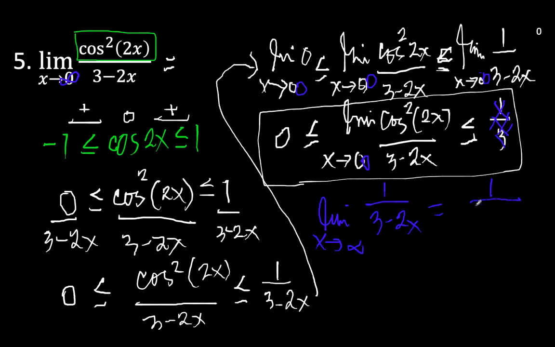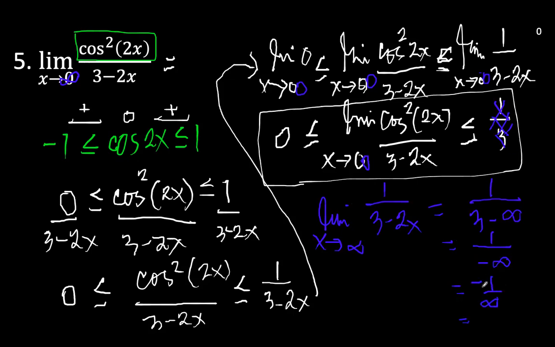So this becomes, oh, what? So this becomes 3 minus infinity, right? And 3 minus infinity is just equal to negative infinity. Let's express it in this manner, 1 over infinity.